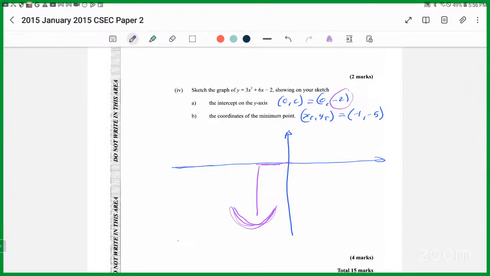Say x at -2 would be on this part of the axis. The smile turns here and crosses down here. It's a smile because the square term is positive. So you turn down here, cross down here, like this. It's not to scale.